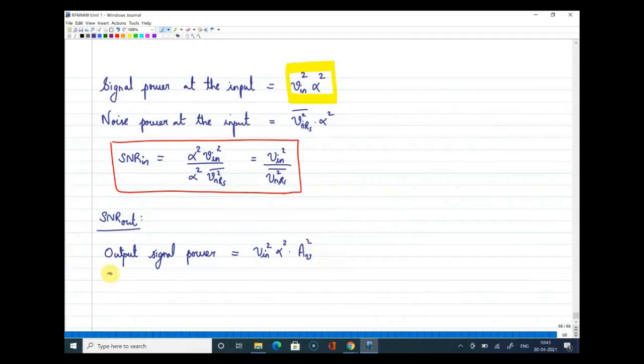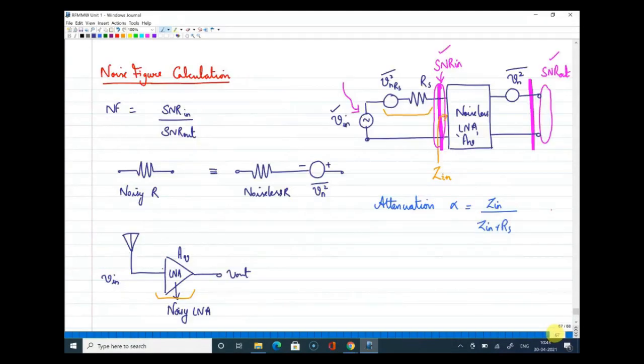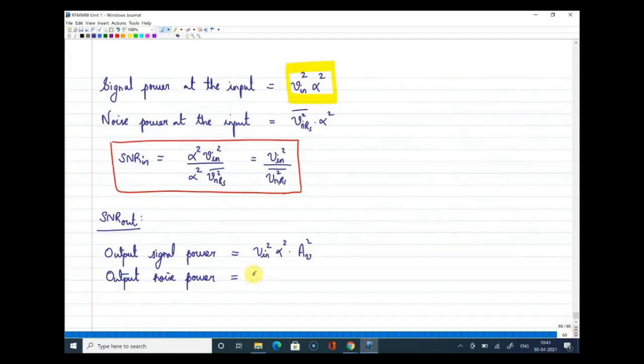Similarly, if I write output noise power, we have already marked the noise of the LNA as Vn square bar, and that is shown at the output side. This Vn square bar term should be understood as the noise of the LNA.